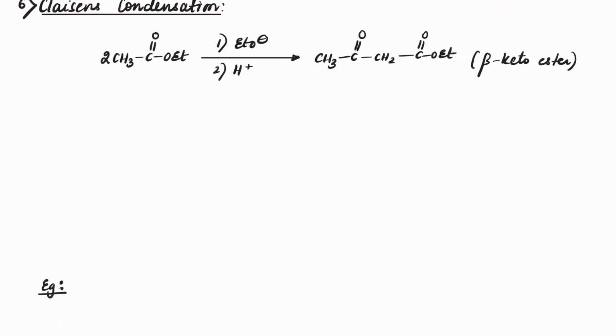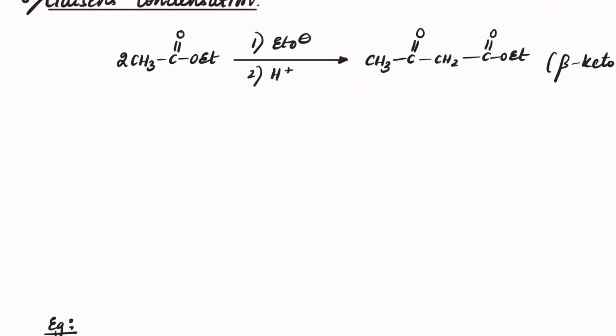It is very similar to that of aldol. So first mole, let's say the first mole, it is CH3COOEt. When you react with EtO minus, EtO minus will take H plus from here, and it converts into CH2 minus COOEt.